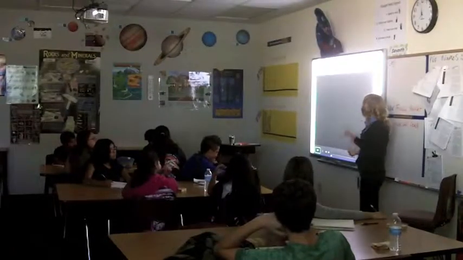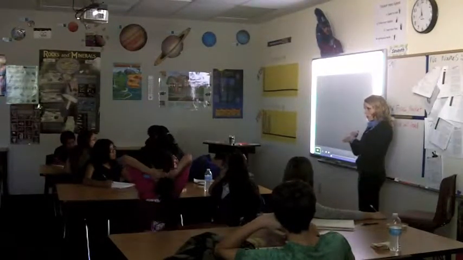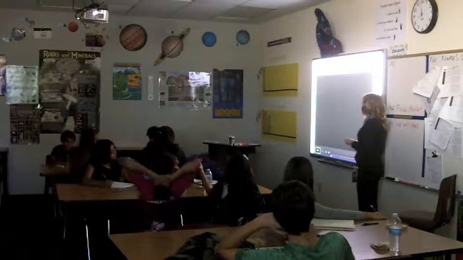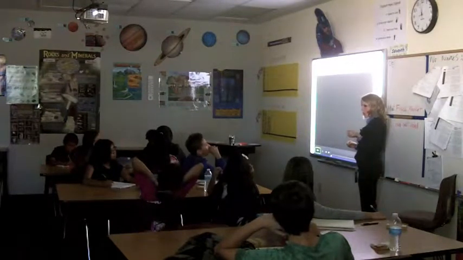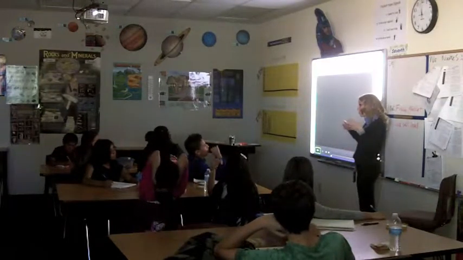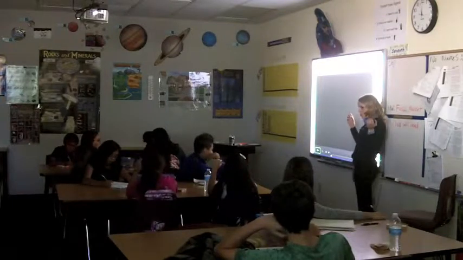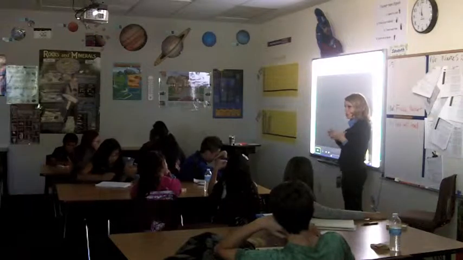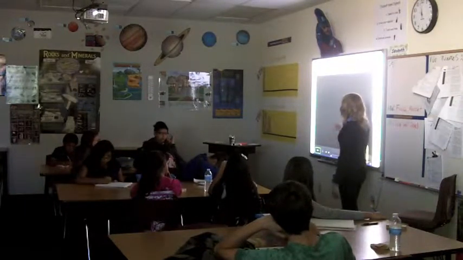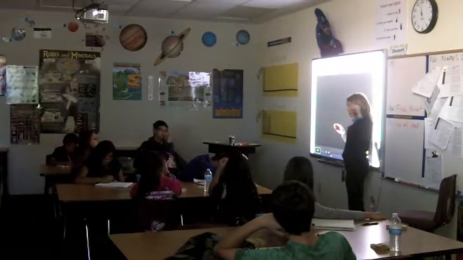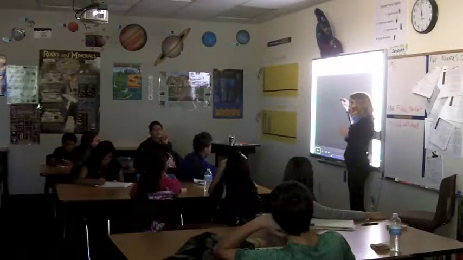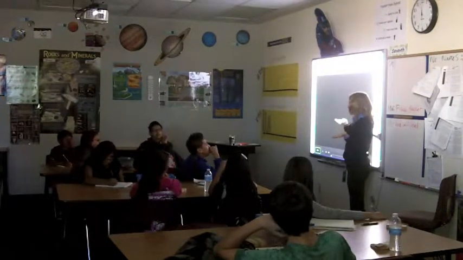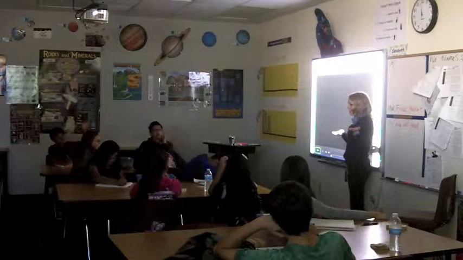The other day, when we were talking about the transform boundaries and how they cause earthquakes, remember how I talked about how lucky we are here in California? We have a lot of building codes and we know how to prevent earthquake damage, and we have the materials to build buildings correctly so they're safer. Did you see how we saw California's video and the amount of damage they had, and then Taiwan? Oh my God. What was the huge difference we saw between them?